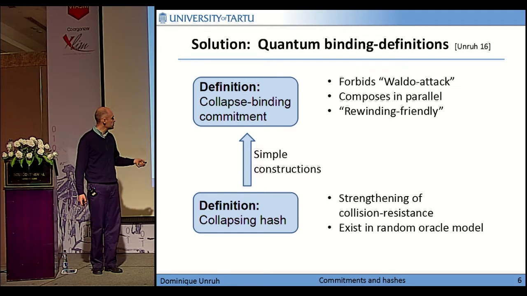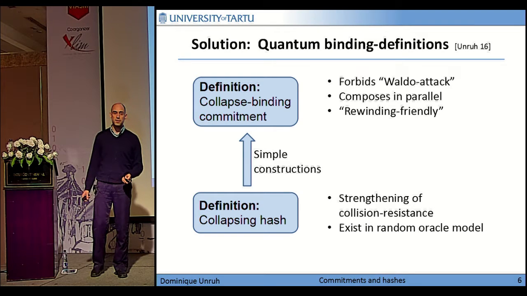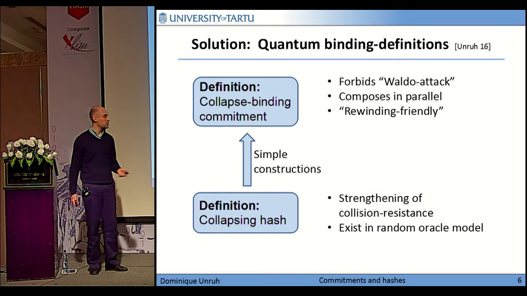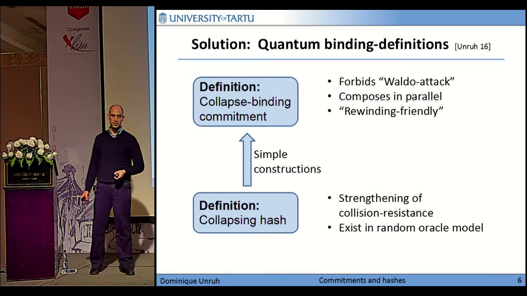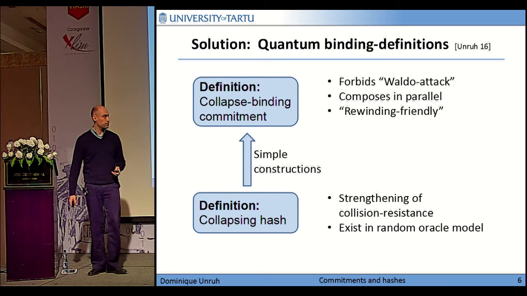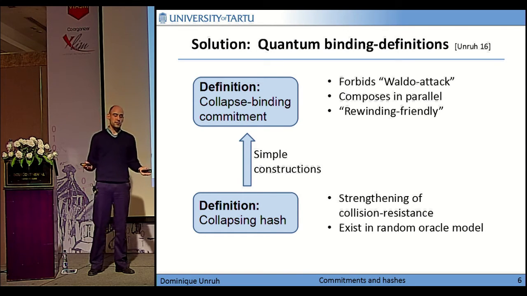Another notion was introduced, a security notion for hash functions, called collapsing hash functions. And it was shown that with standard constructions from the classical world, a collapsing hash function implies a collapse binding commitment, so a commitment that is good for all purposes that we know. Collapsing is a strengthening of the notion of collision resistance.